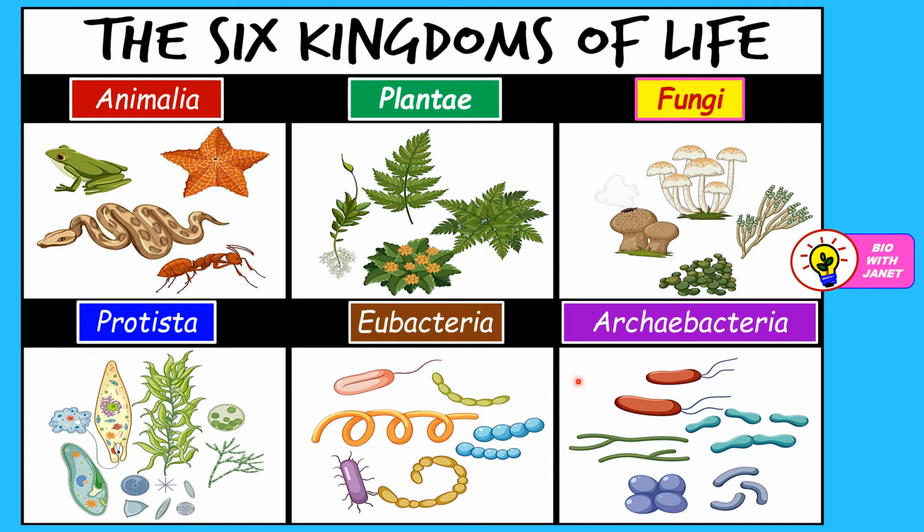We'll talk about that later, okay. But other than that, some Archaebacteria may have shapes that are a bit similar to the Eubacteria. So we'll be discussing the differences among Archaebacteria and Eubacteria in our next video, right? And also the characteristics of all the different kingdoms.